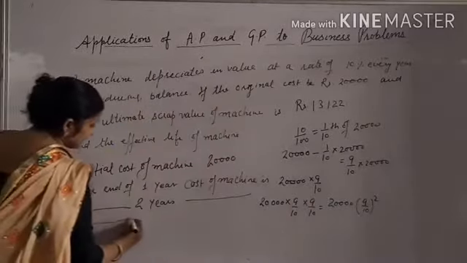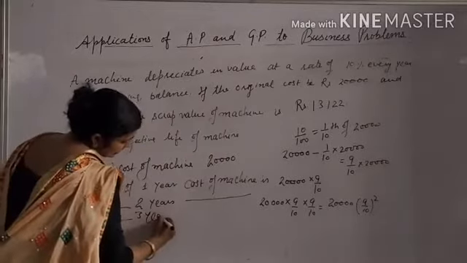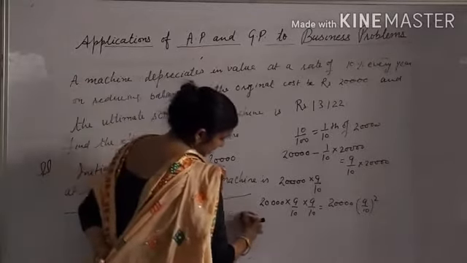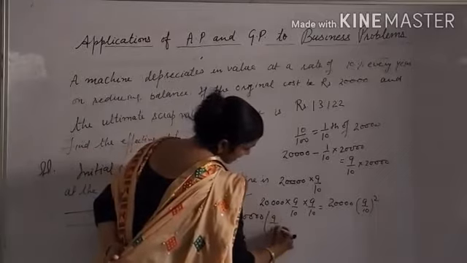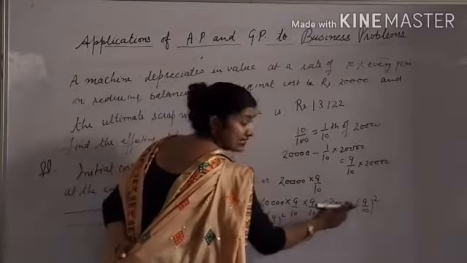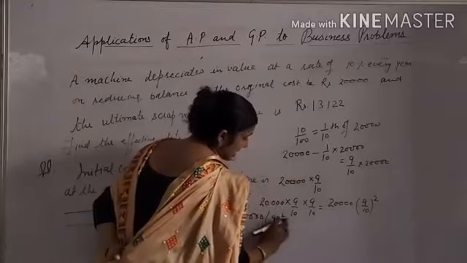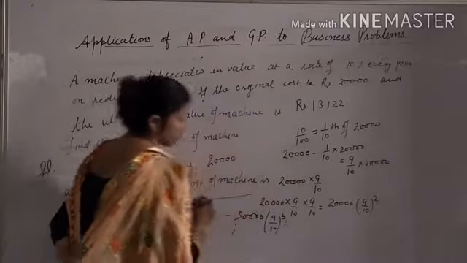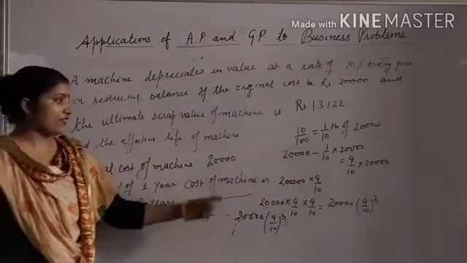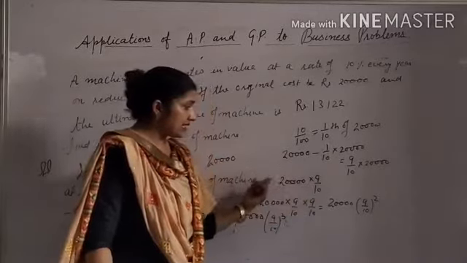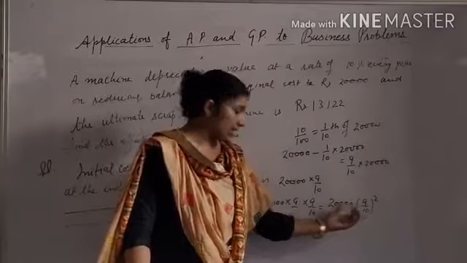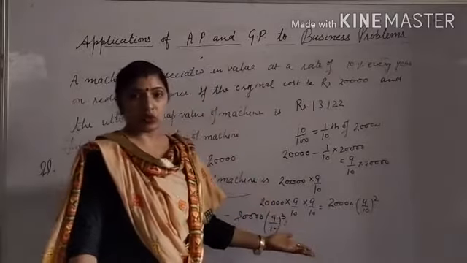Similarly, at the end of 3 years, the value of the machine will be 20,000 into (9 by 10) cube, and so on. Now see, if I assume that this is the initial term A, then this is A into R, then A into R square.